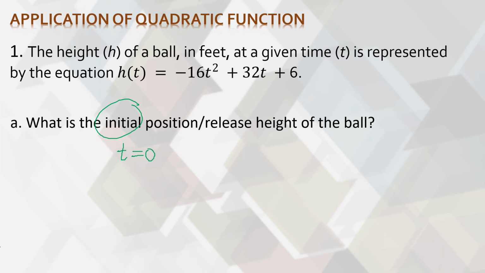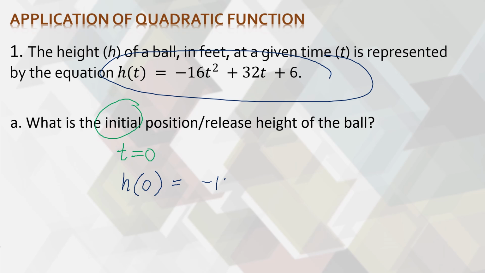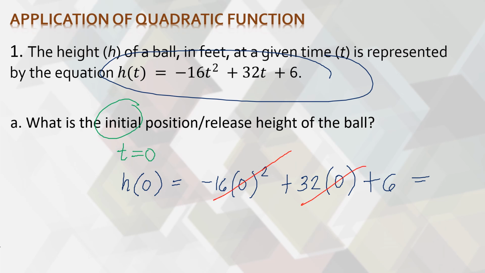Okay? So when t is equal to 0, you just need to substitute that into h of t is equal to negative 16t squared plus 32t plus 6. So we have h of 0 is equal to negative 16, change t into 0, plus 32 times 0 plus 6. And you can observe here that we can just cancel out all terms with 0.